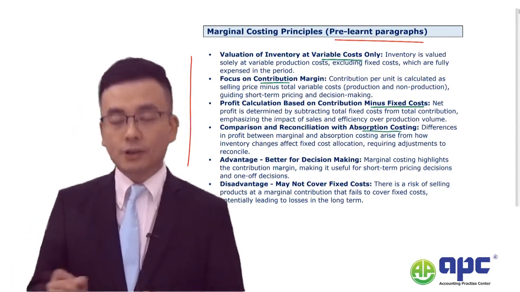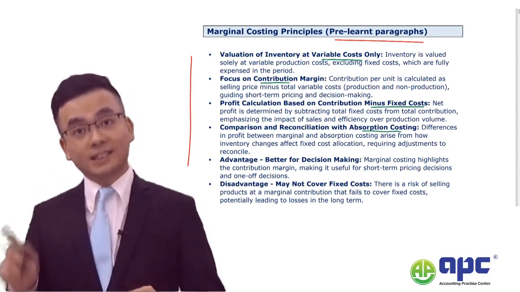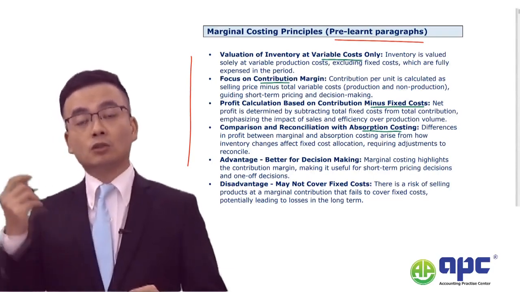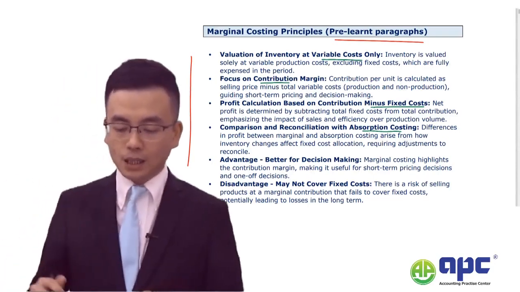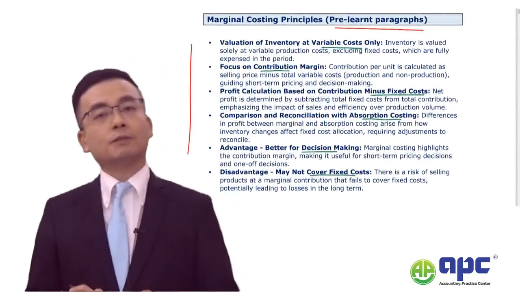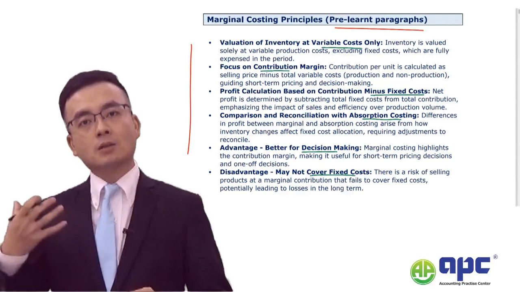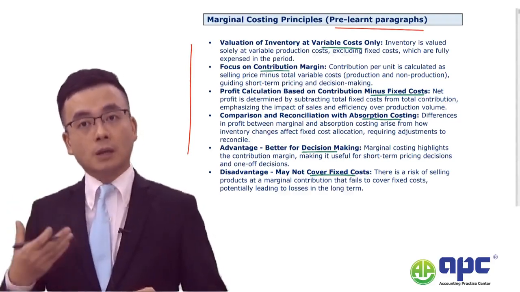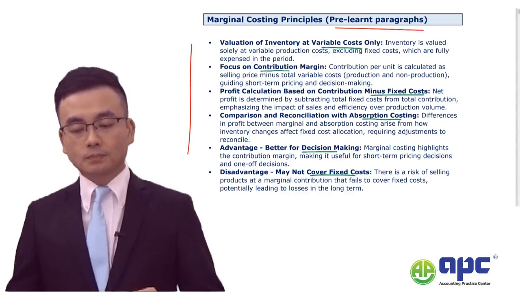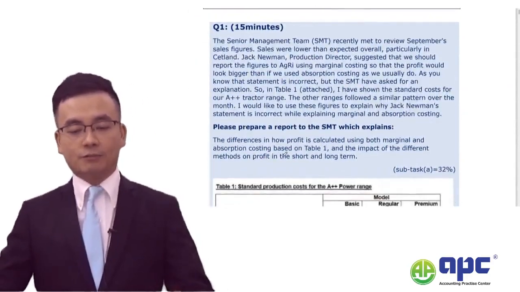And when comparing with absorption costing, because of the difference between the production and sales volume, this is why these two systems will give short-term profit differences. The advantage is for decision making, but it will not cover fixed costs if, in the longer term, you make your pricing decision only basing on the variable cost rather than the fixed cost. Now, if you know these points, absolutely enough.